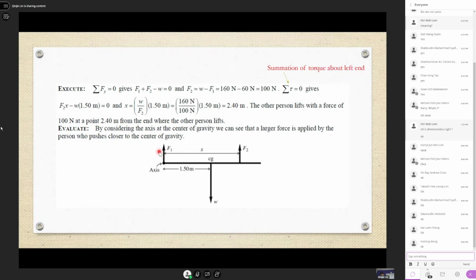F2 times X, that's the torque due to F2, minus W times 1.5. Definitely must be minus because they are in different directions. They are causing different directions of torque. Okay, so from here, you will be able to solve for your X. So now you know the value of F2, you also know what value X is for this thing to balance out.